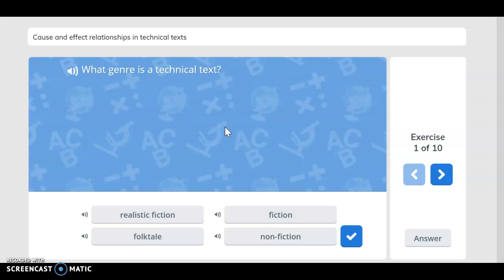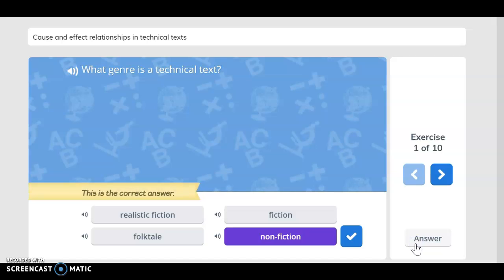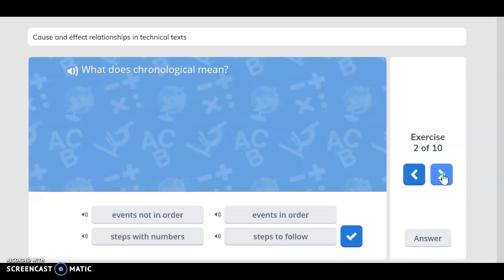Now, let's do a quick review. What genre is a technical text? If you said nonfiction, you are correct. What does chronological mean?